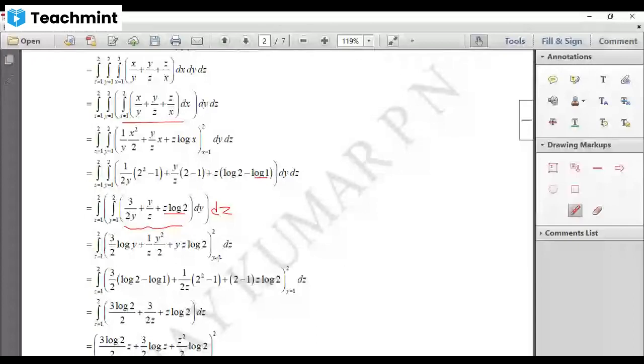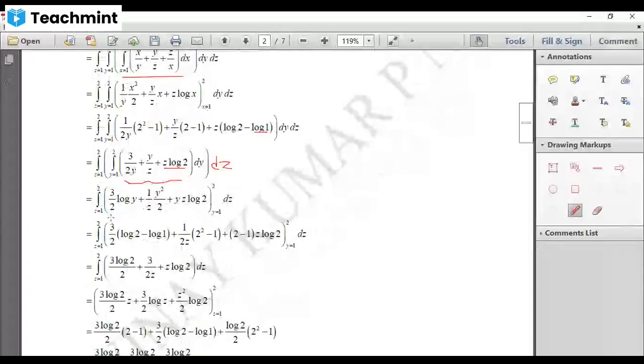Apply the limit. 3 by 2, apply upper limit log 2 minus lower limit log 1, plus 1 by 2z into upper limit 2 square minus lower limit 1 square, plus z log 2 into upper limit 2 minus lower limit 1.